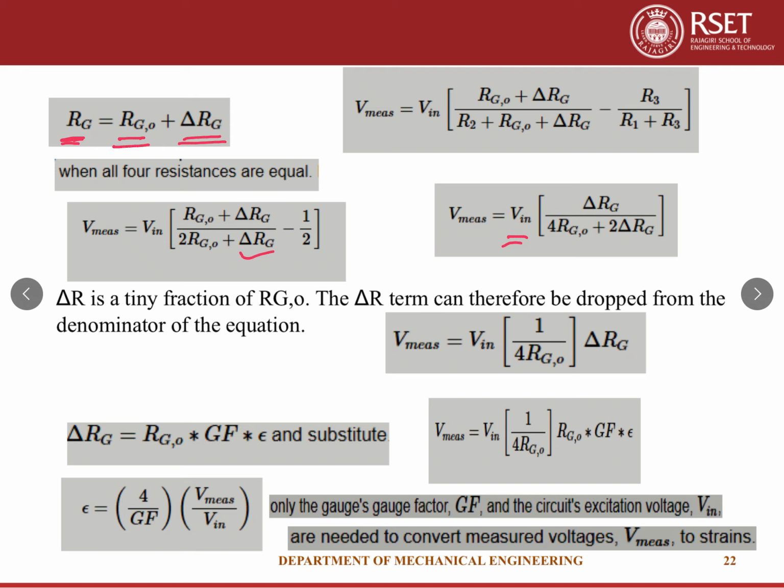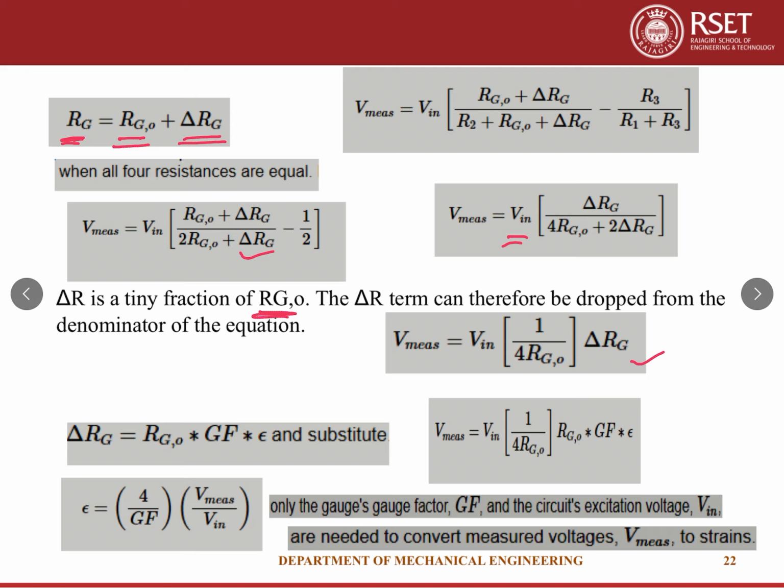And delta R is a tiny fraction of Rg0. As delta R is a tiny fraction of Rg0, the delta R term can therefore be dropped from the denominator, because this is very small compared to Rg0. So the equation becomes like this.